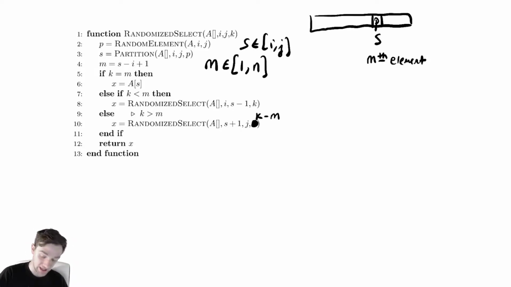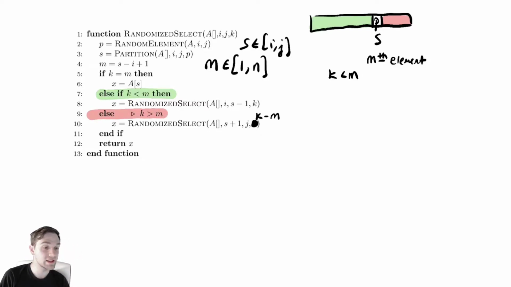If k is less than m, we know that it must be in this left half of the array. So that is this if statement here, and then we're going to be searching the first half of the array. If k is greater than m, then we are in the right half of the array, and we are doing this else statement.